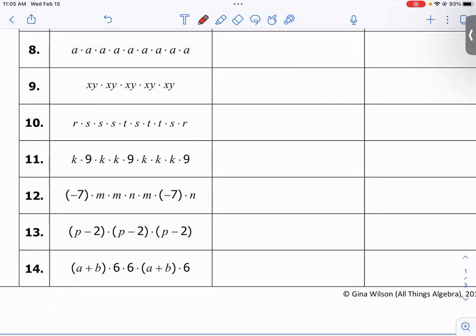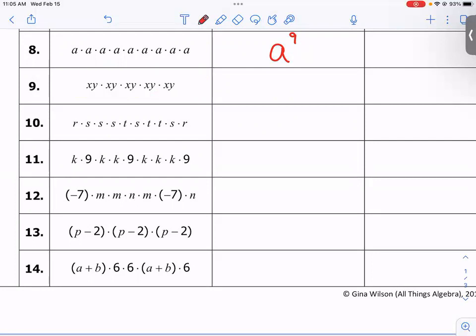Okay. Quinlan, how many A's are being multiplied together? A to the 9th. How many XYs in number 9?